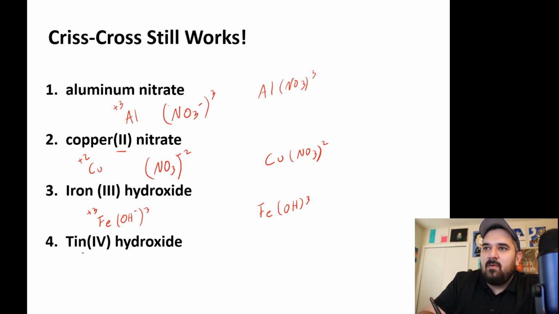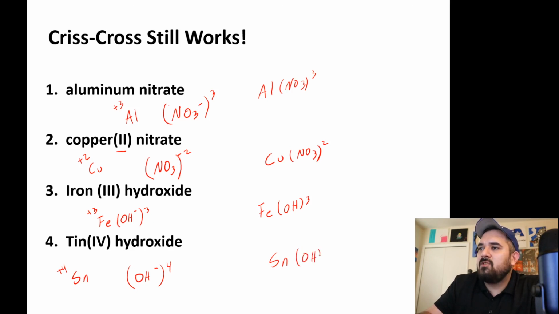Next we have tin 4 hydroxide. So tin, what was tin again? It was Sn, and it's got a +4 charge. And our hydroxide, which is OH, has a minus charge, which means we're going to need 4 of these in this case. That's going to be Sn(OH)4.